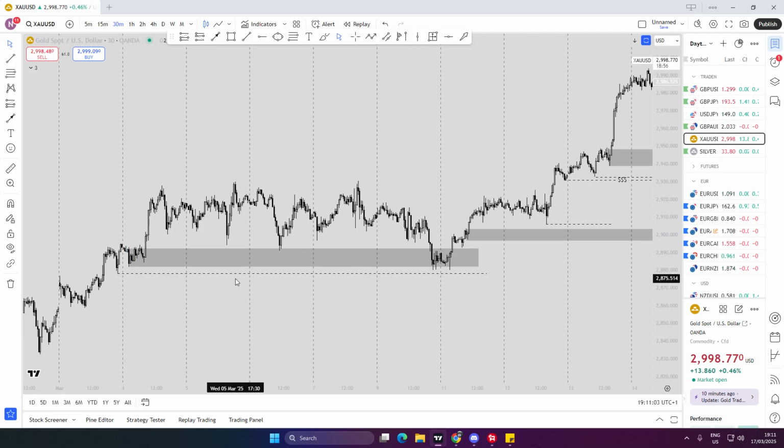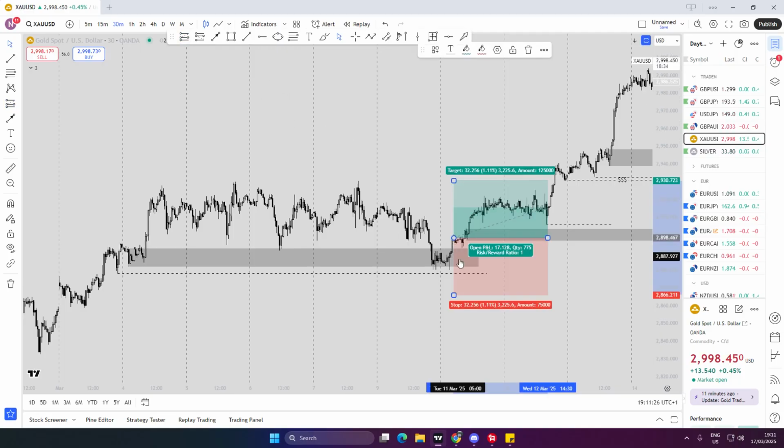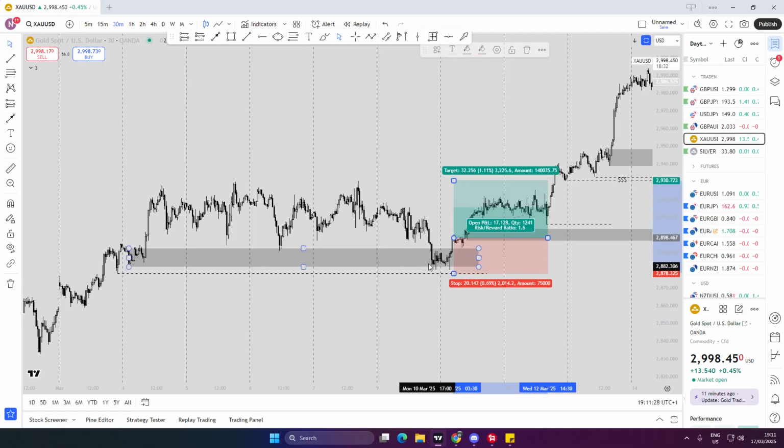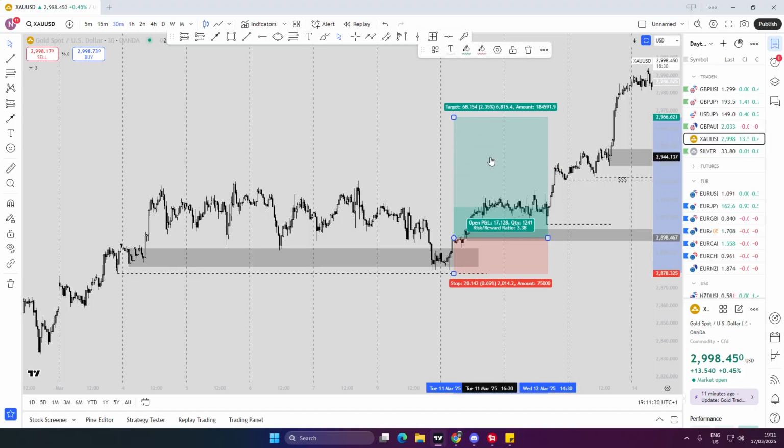So what you can do, I've never tried it, but it probably can work, that when it goes to the zone and it doesn't completely go into the zone, it just wicks, you can enter after it leaves the zone. So for example after this candle, when it closes, you can just enter.